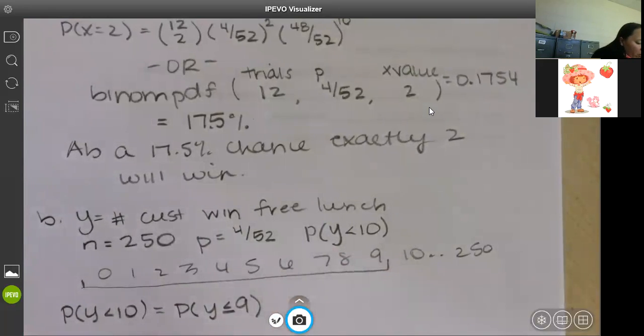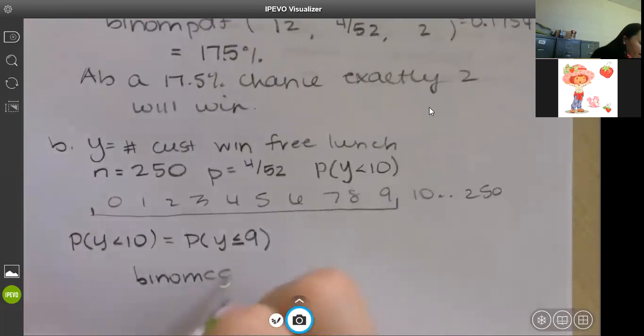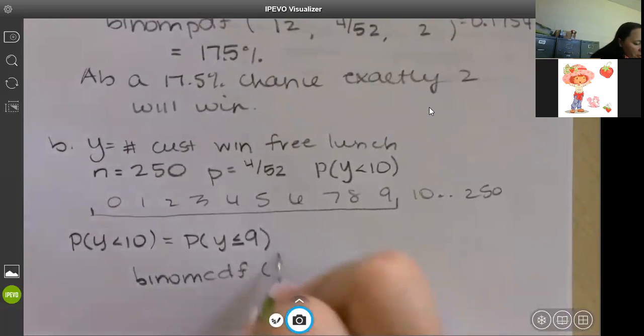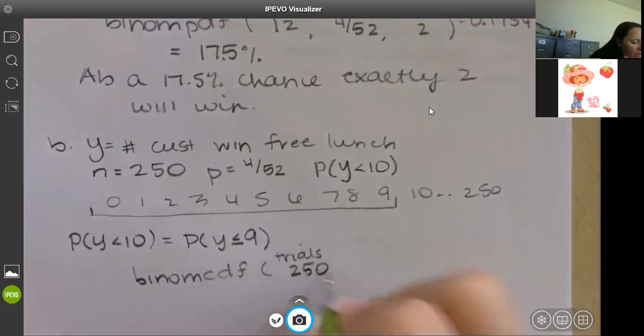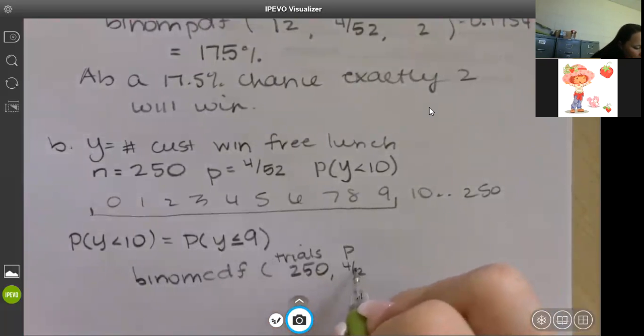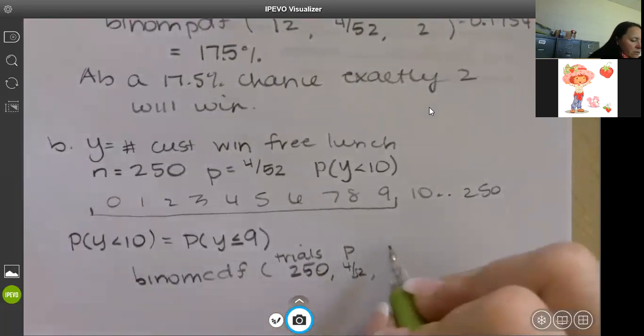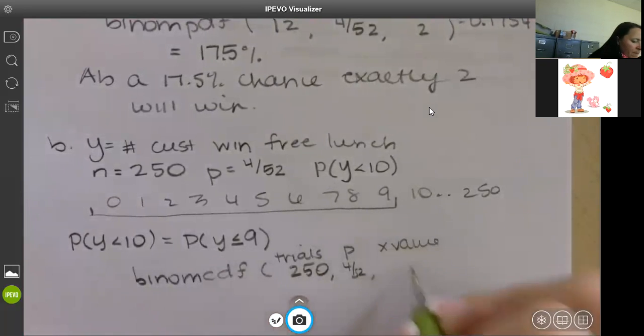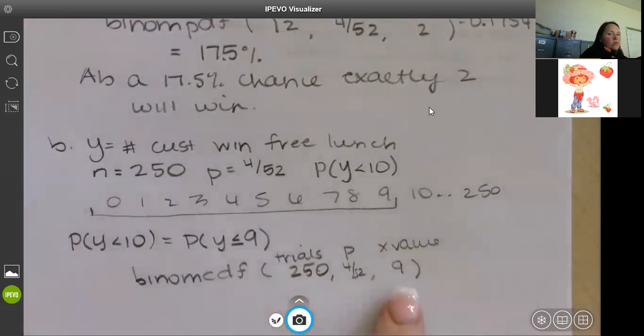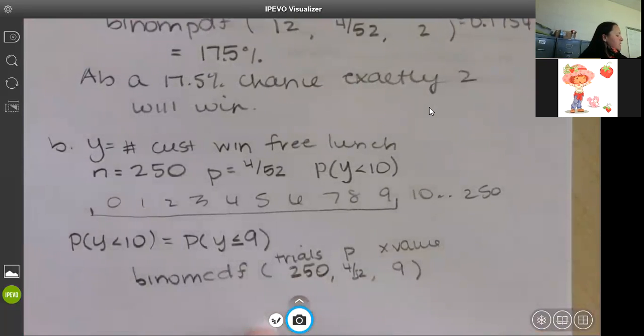And then which binomial am I going to use, PDF or CDF? CDF, because it's less than or equal to. What's your number of trials? How many are there going to be? 250. What's your probability of success? 4 out of 52. And then what is your X value? 9. That's where everybody messes up, so these are the ones you have to watch.